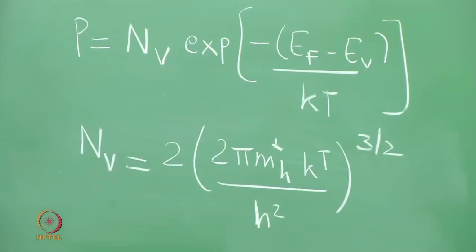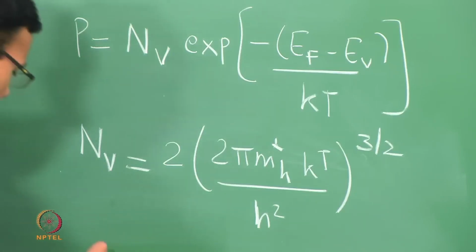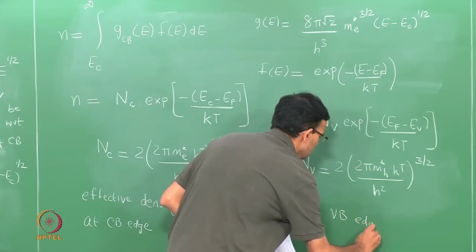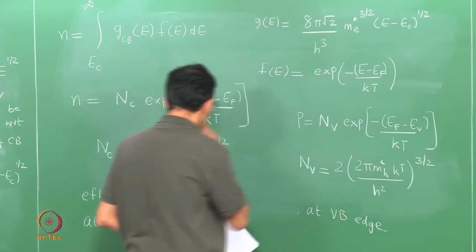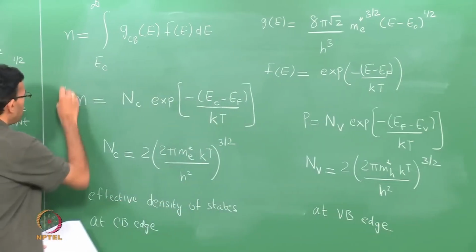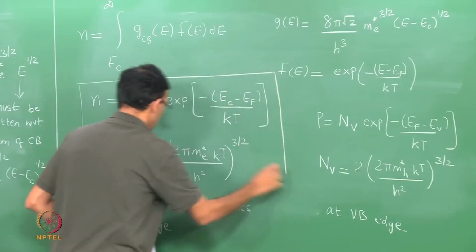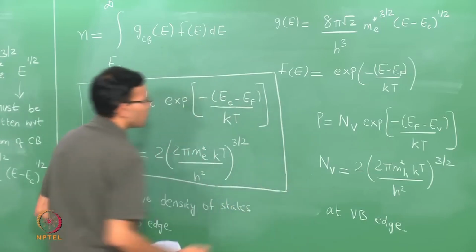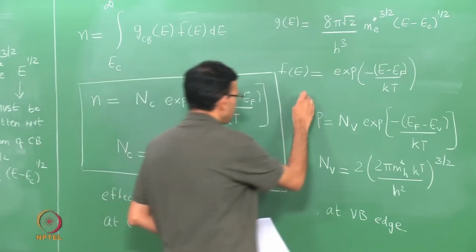This is the effective density of states at the valence band edge. So, we have two expressions, one for electrons and one for holes.